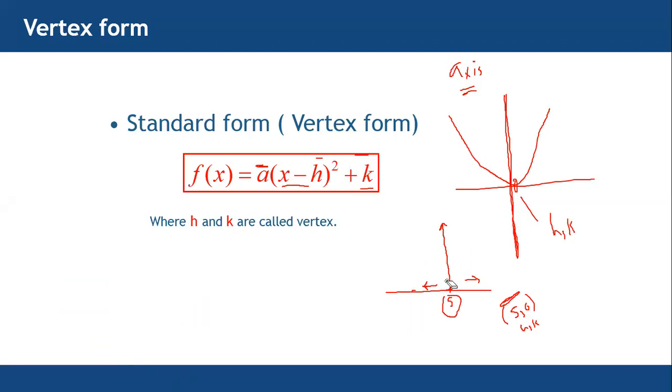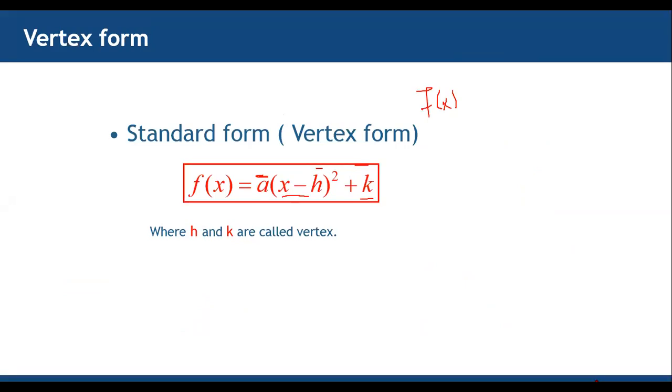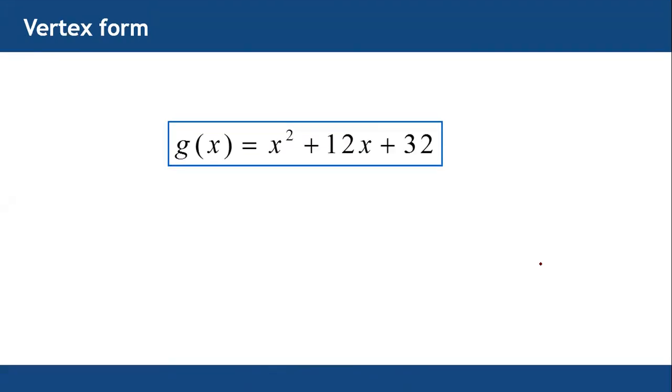For example, we are given one equation. f of x is equal to x squared plus 12x plus 32.